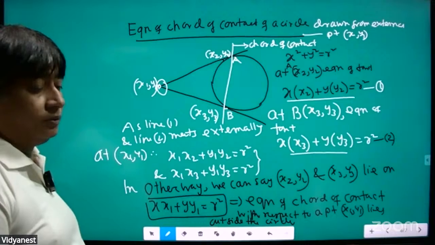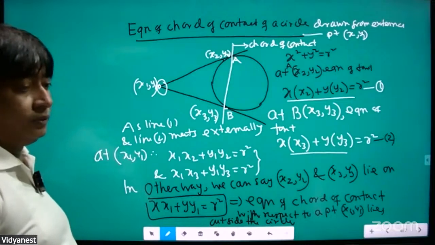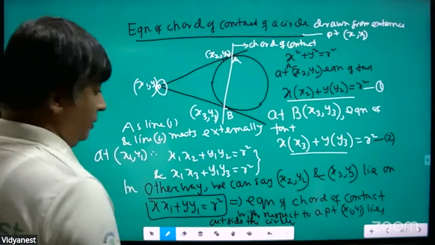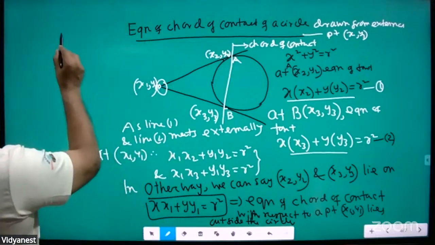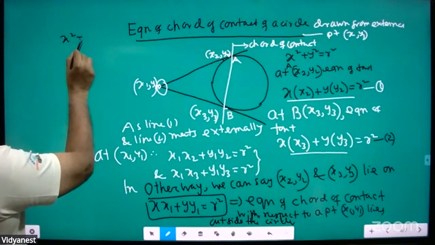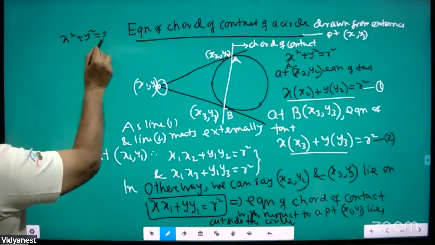Yes, sir. So taking a clue from this, suppose you have got x square plus y square is equal to 25.